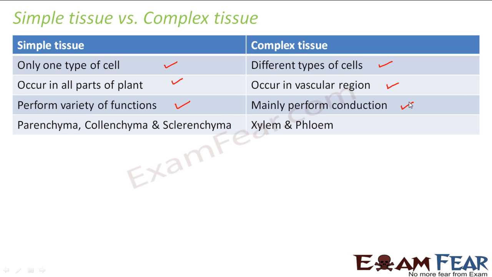Collenchyma gives flexibility to the plants. Sclerenchyma gives stiffness to the plants. So they perform many different types of functions. But complex tissue, that is xylem and phloem, is mainly involved in conduction. These are some of the differences between a simple tissue and a complex tissue.